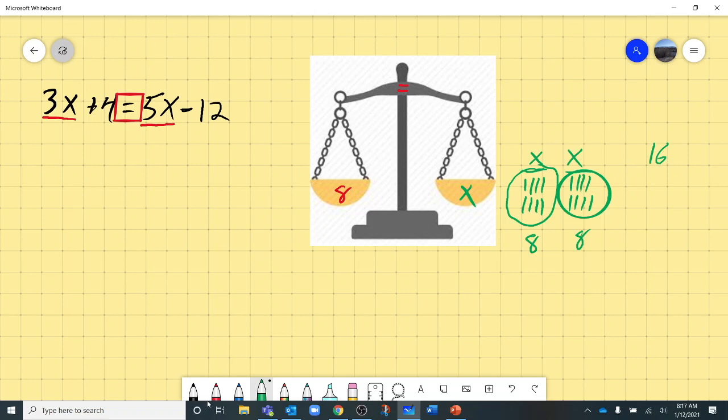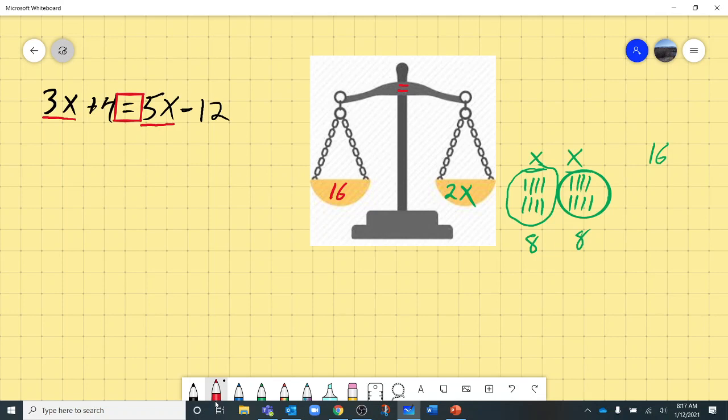Now, going back very quickly just to show something, if we have this 2x equals 16, we took out half, and we can take out half because we can take out half of the x's, we can take out half of the numbers. But a lot of times we're tempted to say, oh, well, I'm going to take out 2, okay?